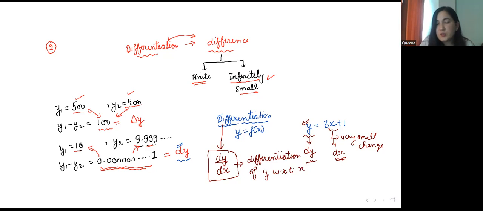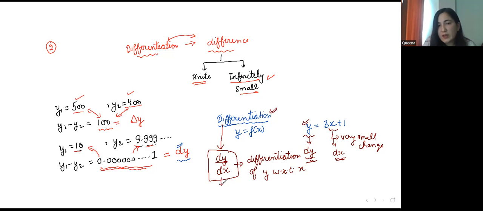This means that we are trying to see what change in the value of y there is if we change x by a very small amount. So this is what we are trying to do in differentiation.